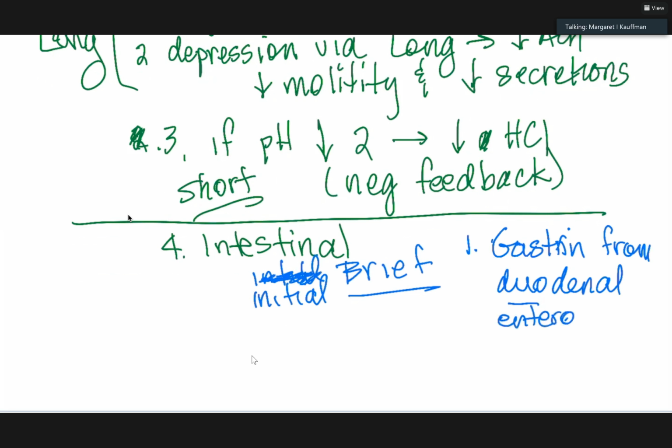And it's the same gastrin that you had released from the stomach. So initially, you're going to get a brief stimulation of the stomach. So you're going to get more secretions, more motility, which is going to cause more chyme to arrive. But that is very brief.